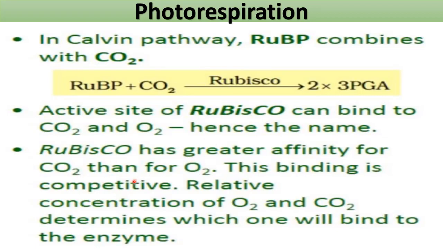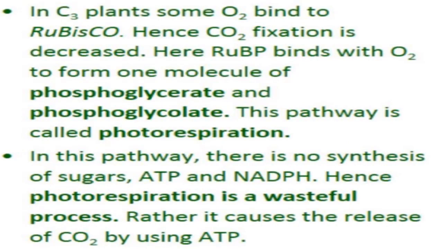This binding is competitive: the relative concentration of O2 and CO2 determines which one will bind to the enzyme. If O2 is in more concentration, O2 will bind, and if CO2 is in more concentration, CO2 binds with Rubisco. What happened in C3 plants?